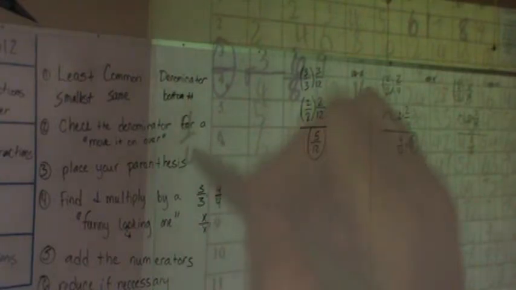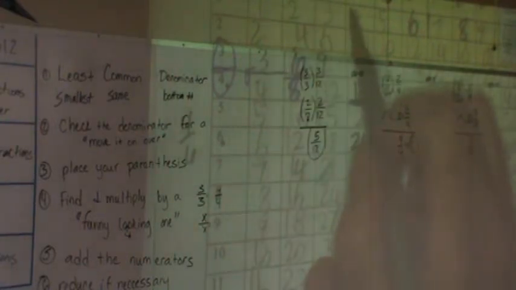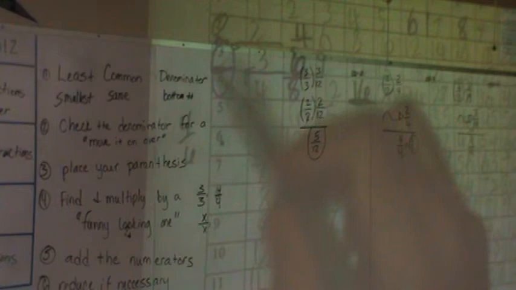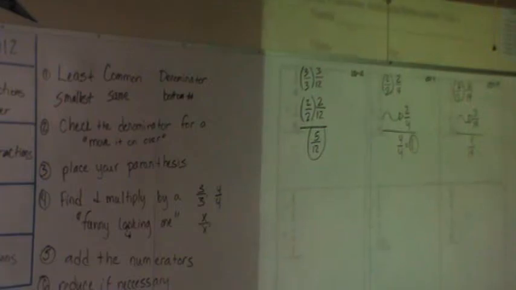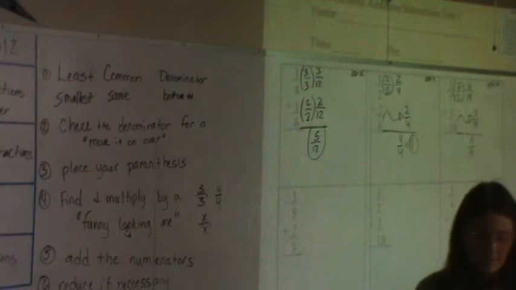I have a 4/6, but I also have a 4/6 right here, right? So I've got to see what that reduces to. And it would reduce to 2/3. So you've got to use your chart and look around, and you might have to go a second time like we did on the 4/6. We'll practice that some.